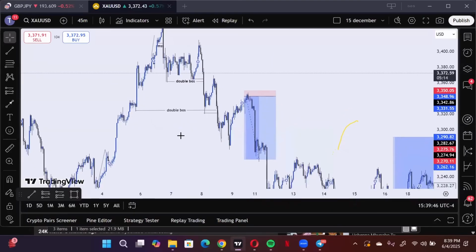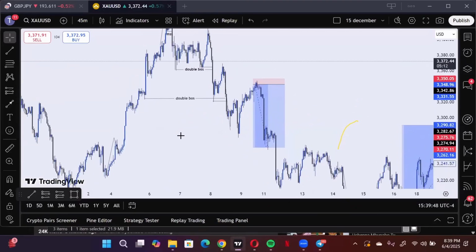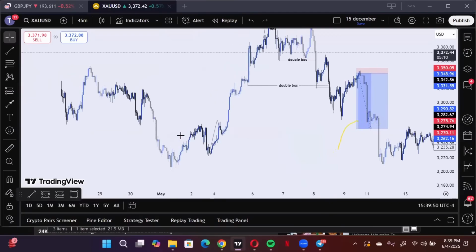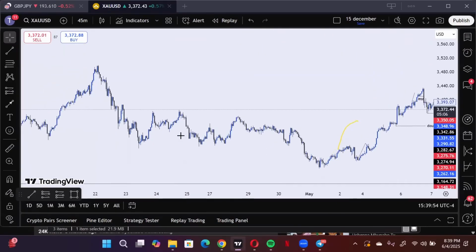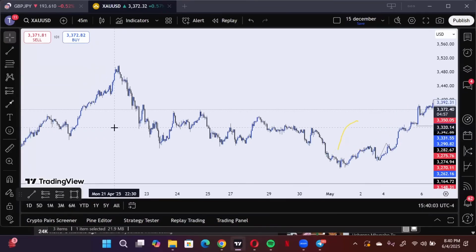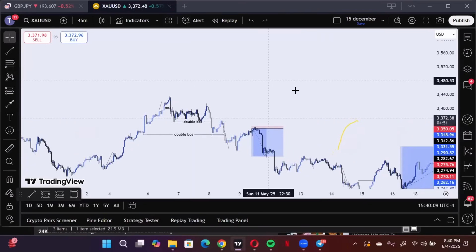A double break of structure is the one that takes out two consecutive zones in the market, not just a single zone. If the market is making, for example, lower highs, lower lows, lower highs, and it's not taking out two consecutive zones, then that's just a single break of structure. But when it takes out two consecutive zones, then that's when you can call it a double break of structure.